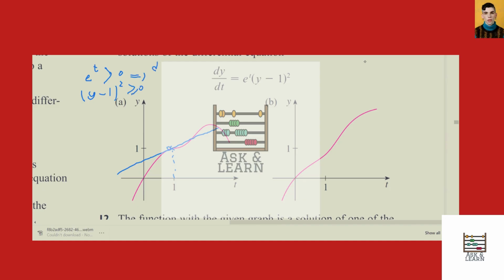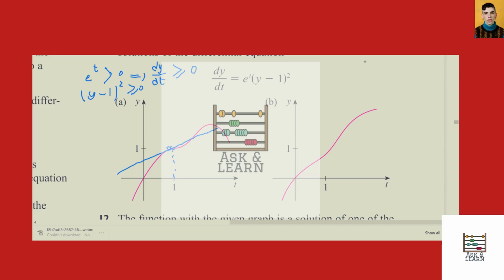It means that the derivative of the function at each point is always a positive value. So the tangent line at each point of the solution of this differential equation has a positive slope.